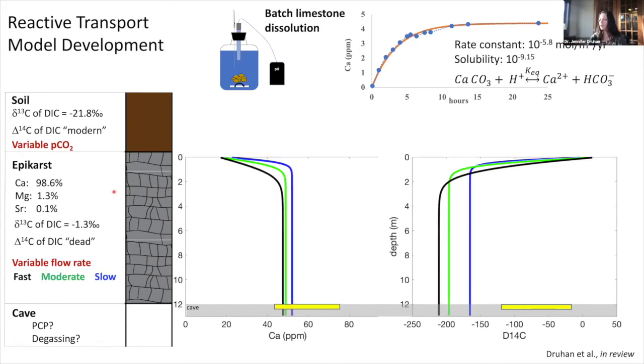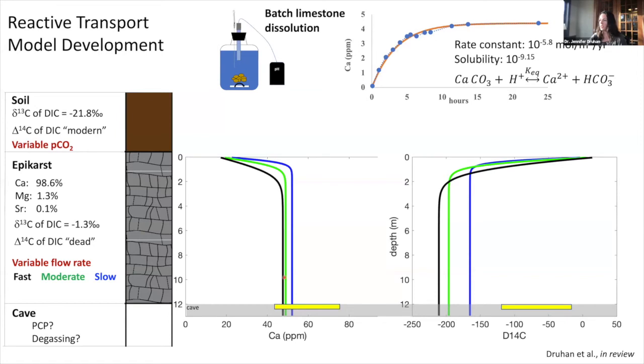Okay, so what you are looking at here are three different simulations. Black is fast flow rate, green is moderate, blue is slow. Fast, medium, and slow meaning upper, middle, and lower boundary conditions of what the infiltration rate through the karst ought to be for this system. And I am using, in this case, a high soil PCO2, one of the highest values of soil PCO2 that we measure at the location.